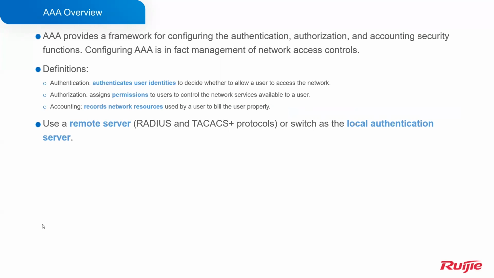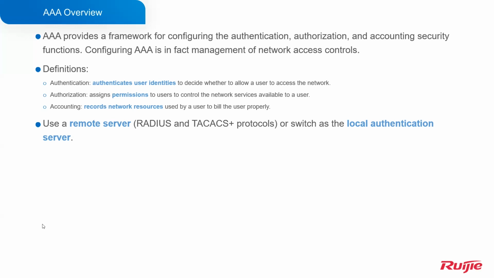It assigns permissions to users to control the network services available to a user. So, what you can do. And accounting records network resources used by a user to build the user profile. It means that after accessing the network, what you did, right? So it's used to record what you did.